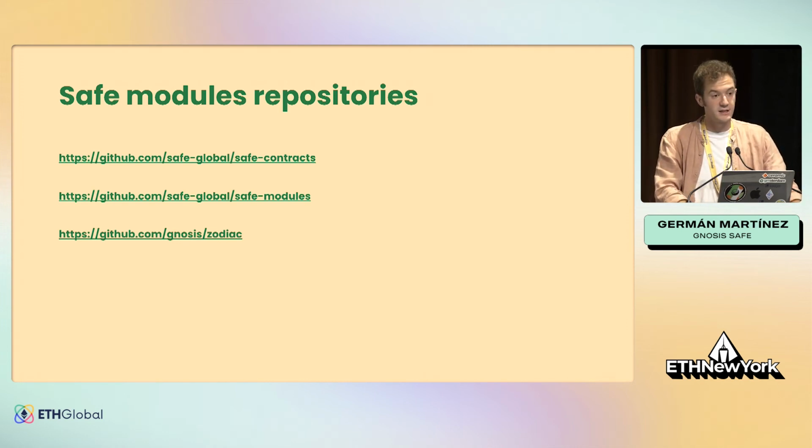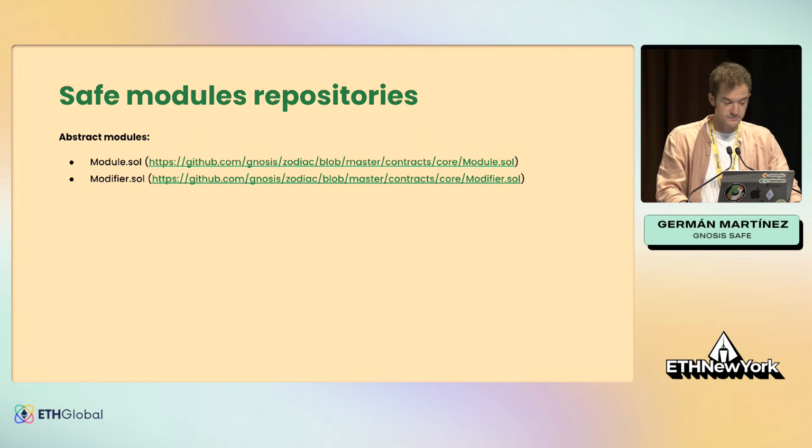Then we have the Safe Modules repository, where there are some examples of modules that are used. And also a very interesting one is the Zodiac repository under the Gnosis user. Zodiac is a DAO tooling standard that implements multiple safe modules for DAOs that are built on top of the safe, and you probably will find that interesting.